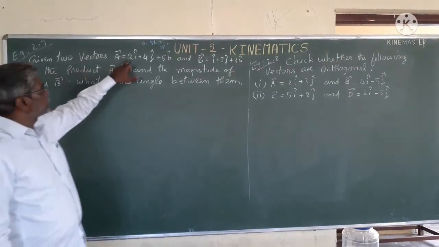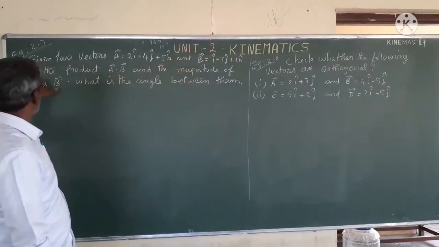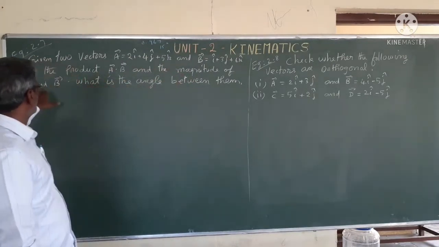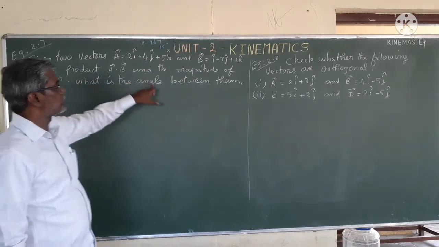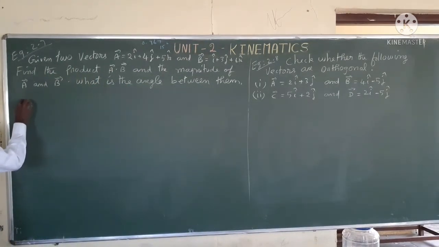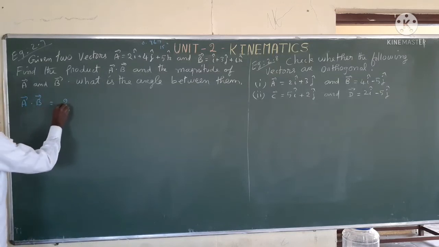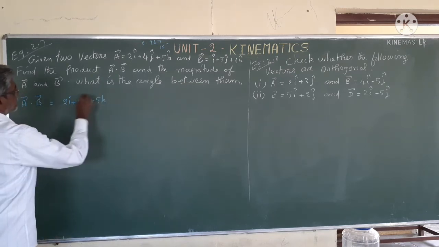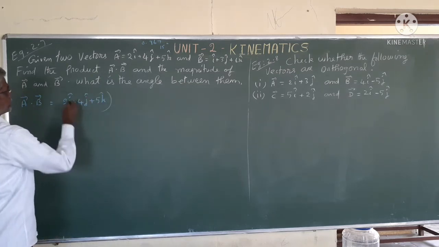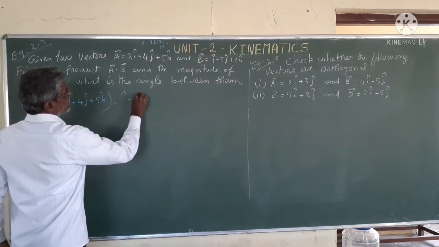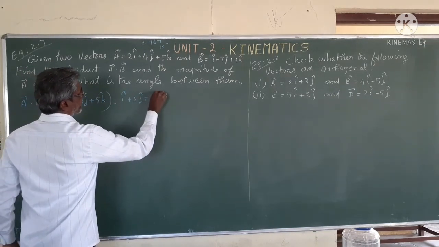Given two vectors A vector and B vector, find the dot product of A vector and B vector, the magnitude of A vector and B vector, and also find the angle between them. So first one is A vector dot B vector. What is A vector? 2I plus 4j plus 5k, dot B vector, which is I cap plus 3j plus 6k.